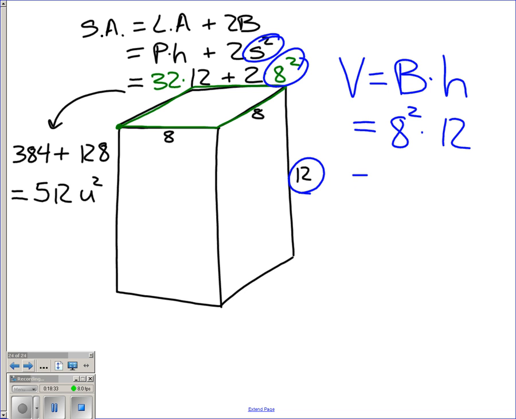Plugging that in. This is just 64 times 12. That's 640 plus 128. So 640 plus 128 is 768. 768 units cubed. Again, it's cubic because we're talking about volume.